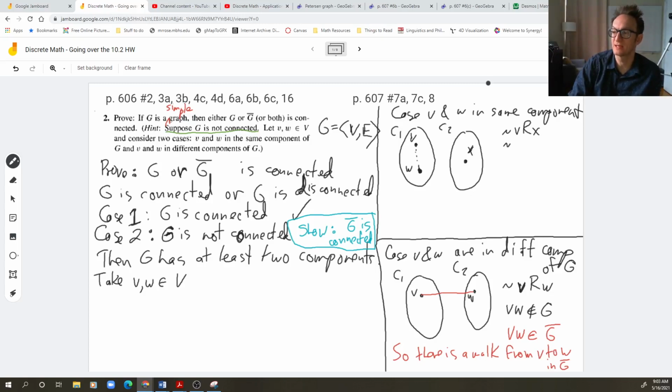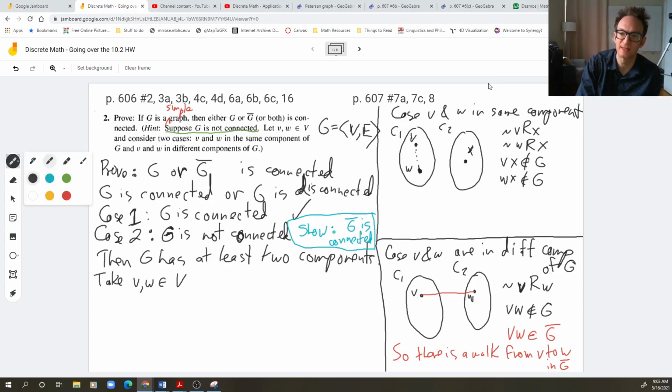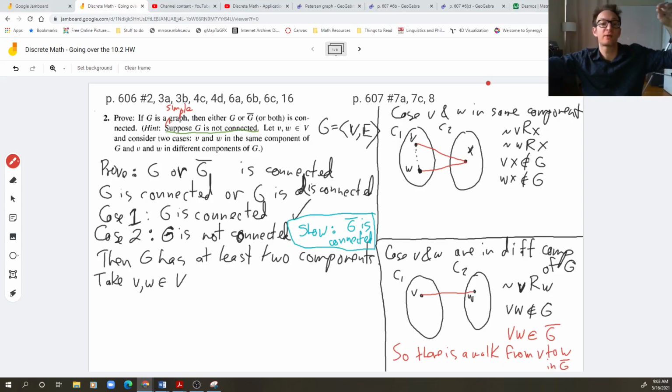It's also not the case that there is a walk of any length from W to X, because they're in separate components. Well, if that's true, then the edge VX itself is just not in G, and also the edge WX is not in G. But if those edges are not in G, then they are in G complement. So there must be, in the complement graph, edges between every pair of vertices which are in opposite components.